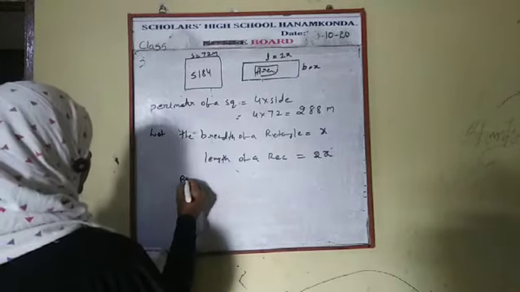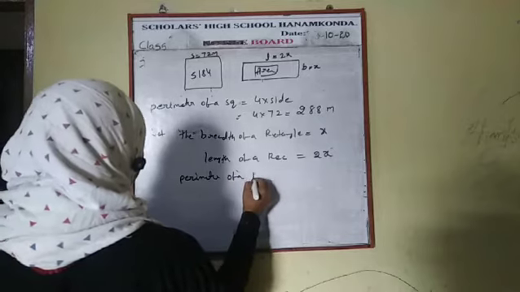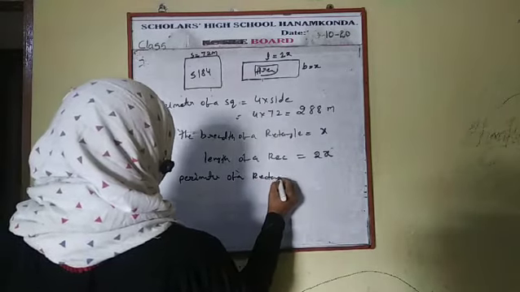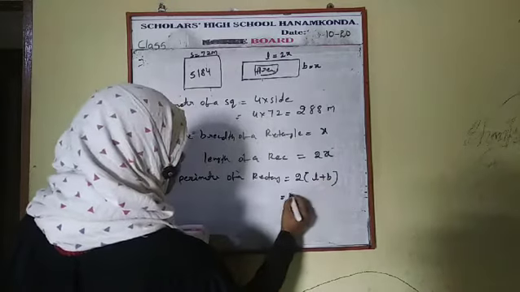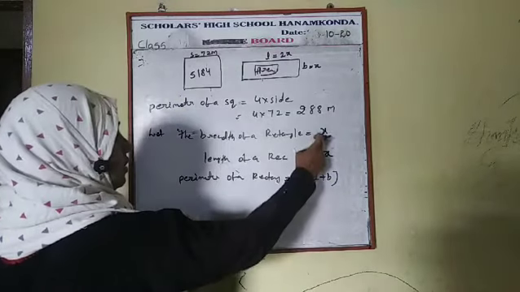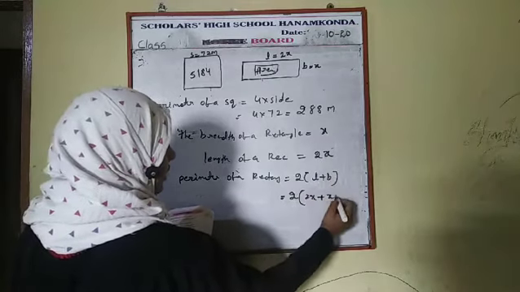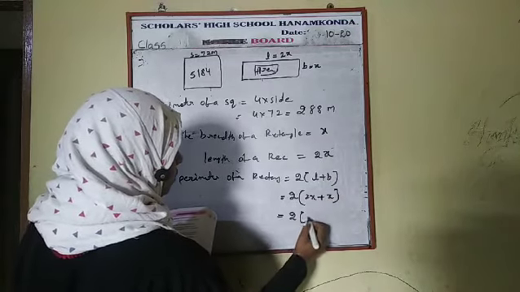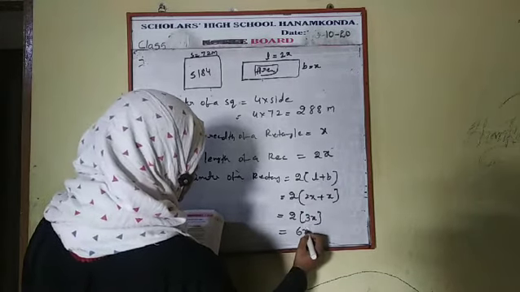Now the perimeter of a rectangle formula is 2 into (L plus B). Okay, 2 into length, which is 2x, plus breadth x, that is 2 into 3x, that is 6x.